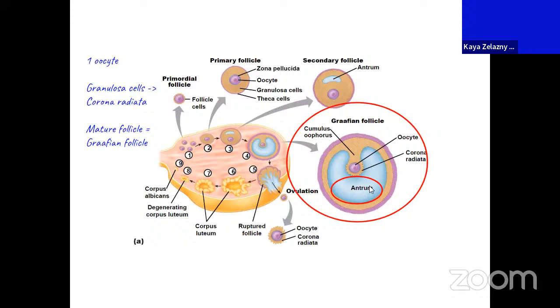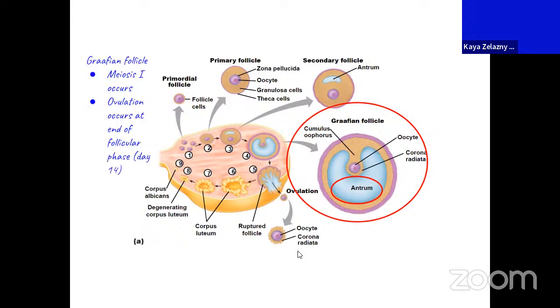So as we move towards ovulation, in that Graafian follicle, right before ovulation, that's when we have meiosis 1 occurring. So we actually have the first split of our cells in terms of splitting up genetic information.